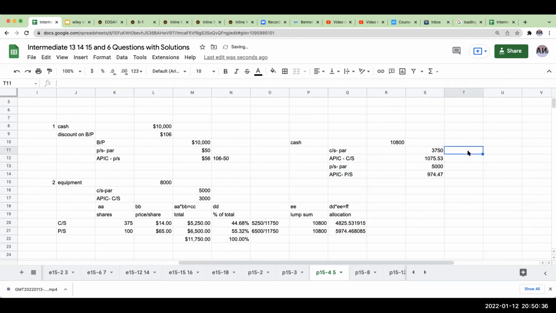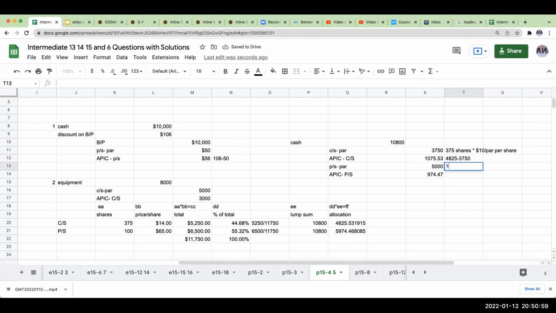So again, how did we get these numbers? Well, the 3750 is 375 shares times $10 par per share. The amount that I take to additional paid-in capital is the allocated amount of 4825 minus 3750.